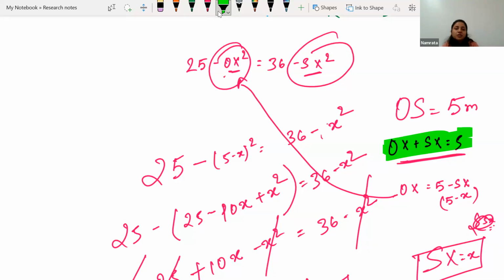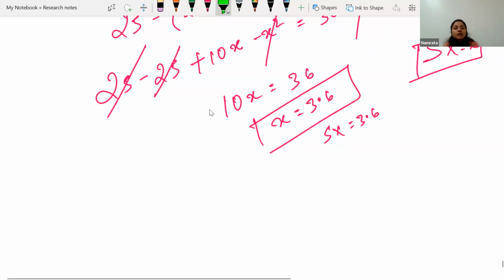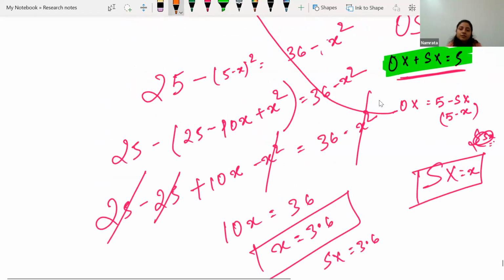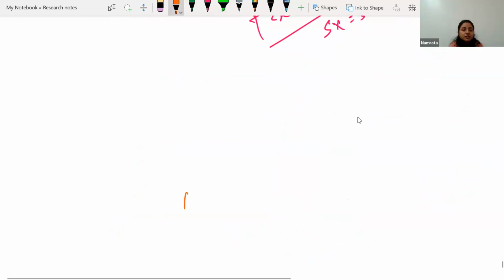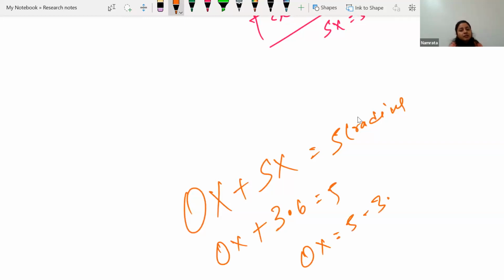This relation we are using to make it a one-variable equation, and then we are solving it. We got x value as 3.6. X is SX, so SX is 3.6. Here we have written that OX plus SX is 5, that is the radius. So if SX is 3.6, then OX will be 5 minus 3.6. OX will be 1.4.